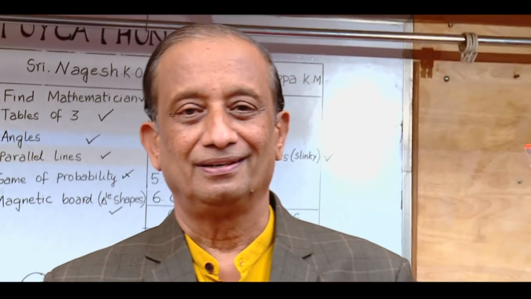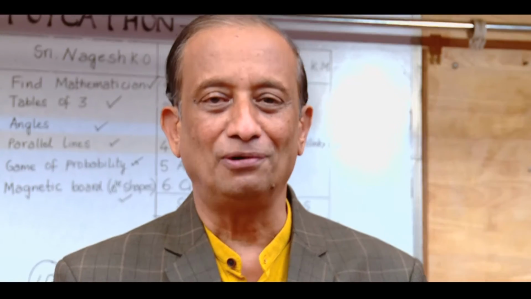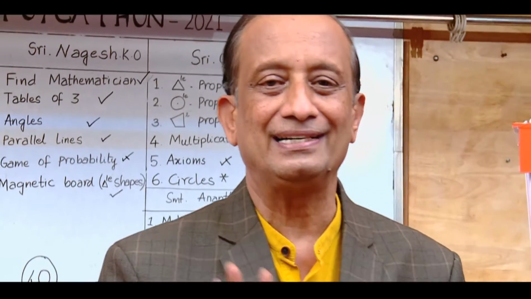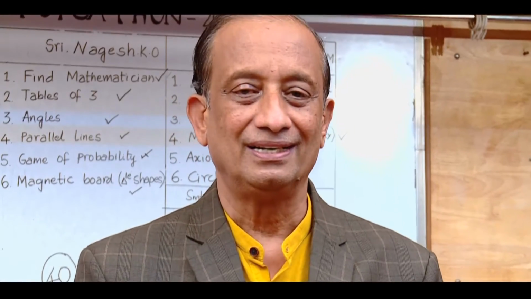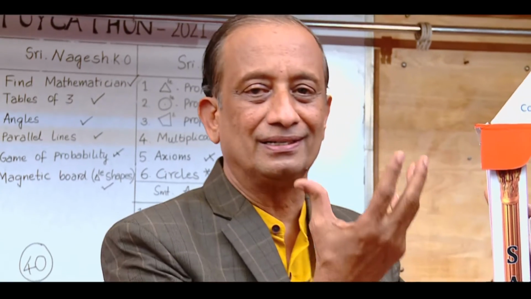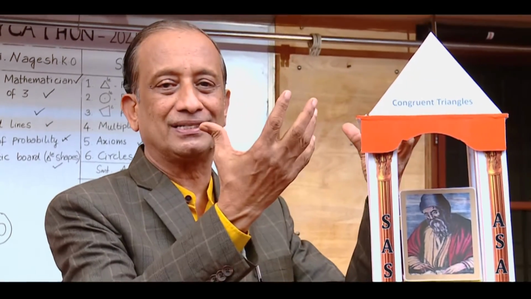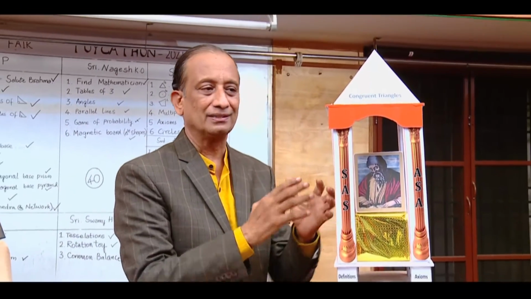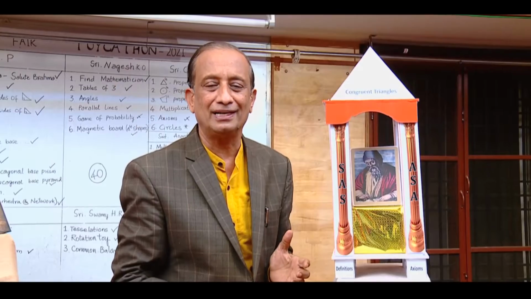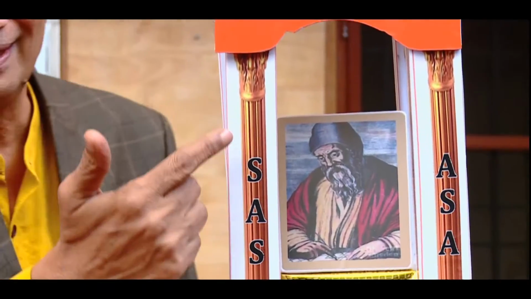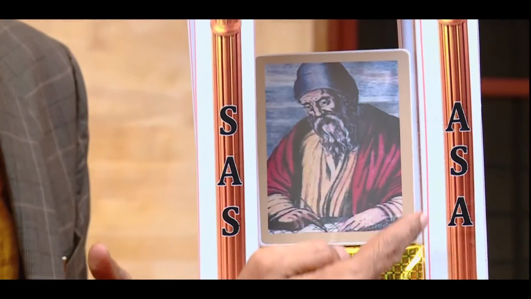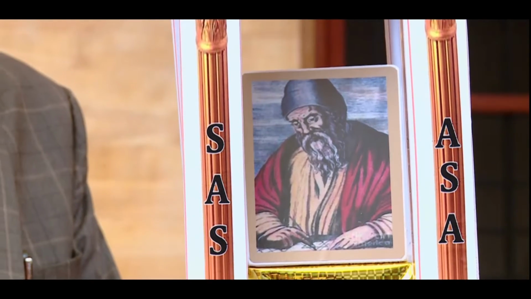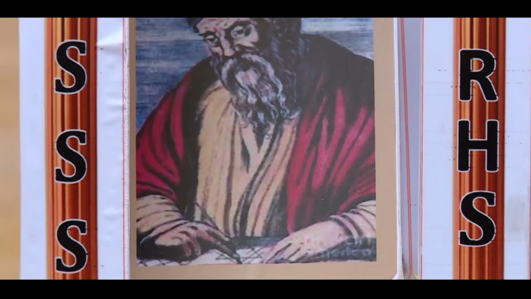Friends, in my experience, I have found that the 4 criterions that we have just discussed are the pillars of a huge complex. These are the 4 strong pillars on which the entire geometry has been built up. Here is SAS, this is ASA, this pillar refers to SSS, and finally this is the RHS criterion.